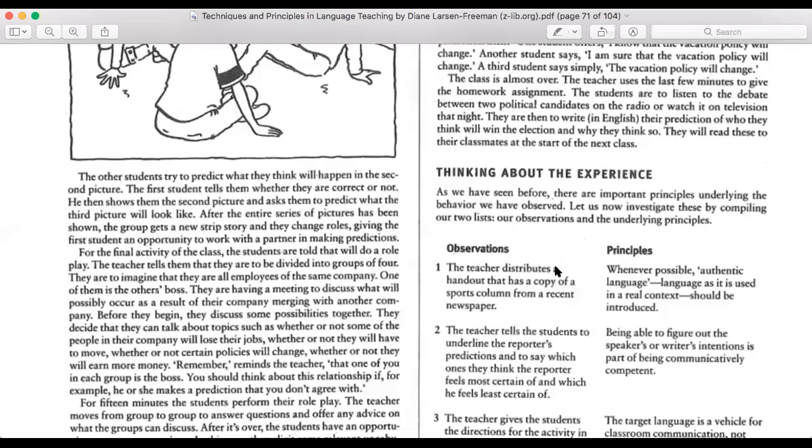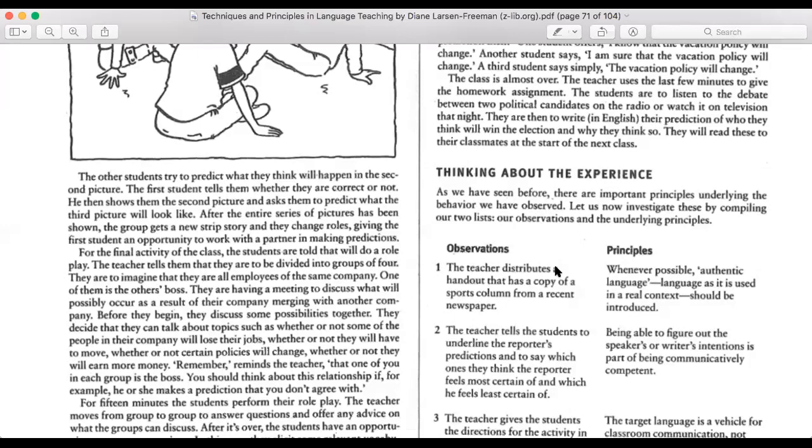We would see that when the class gets over, the teacher still wants them to be exposed to or to experience a real language. So as a homework assignment, she asks the students to listen to the debates between political candidates on the radio or watch it on television that night.